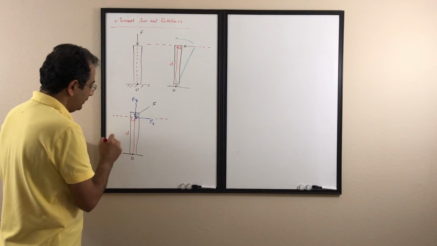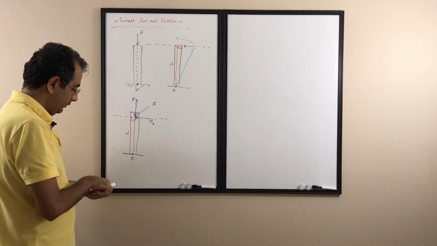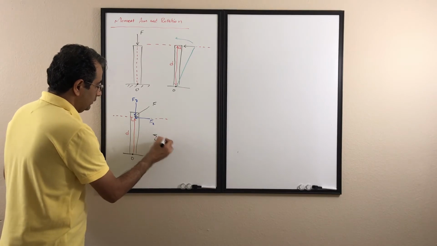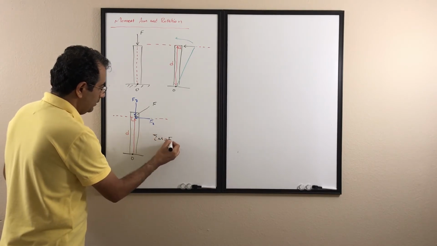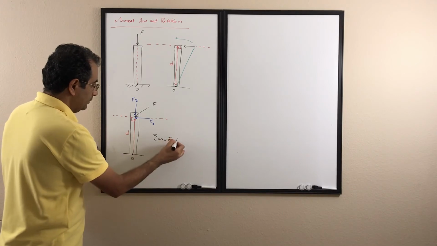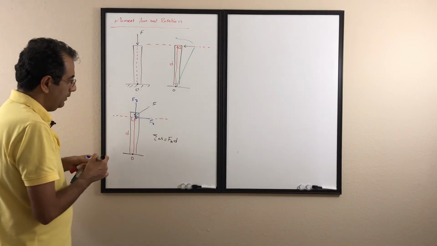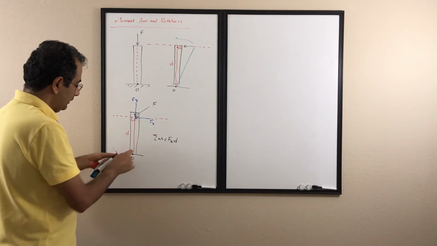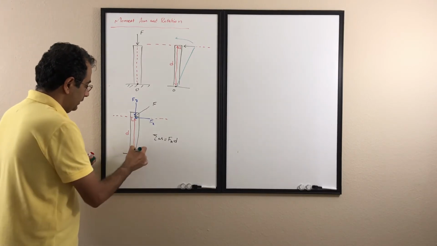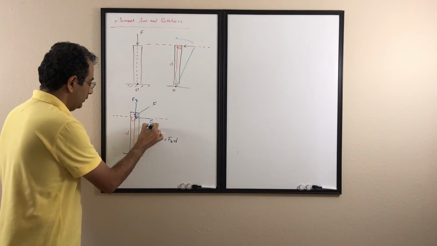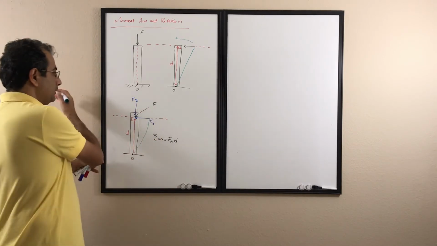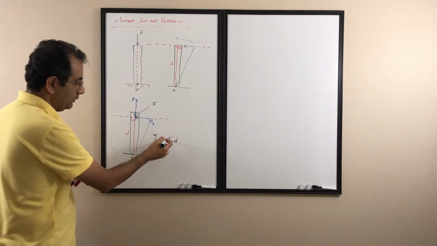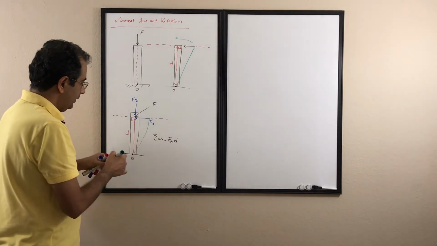That's the D. So the moment here, sigma M, is the Fx times D. Is it clockwise or counterclockwise? Again, if I connect the rope from here to the end of the force and see which direction it's going to take that force, it's counterclockwise, so it's going to be positive here.